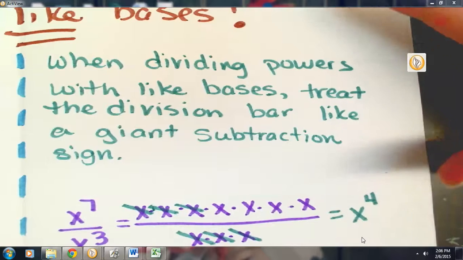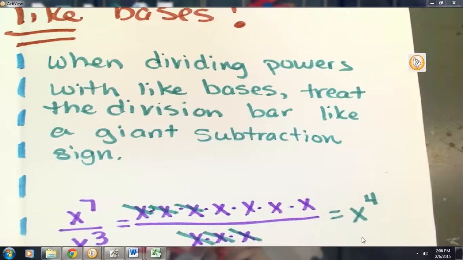When dividing powers with like bases, treat the division bar like a giant subtraction sign.